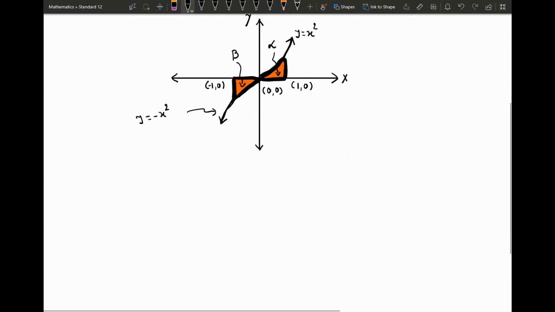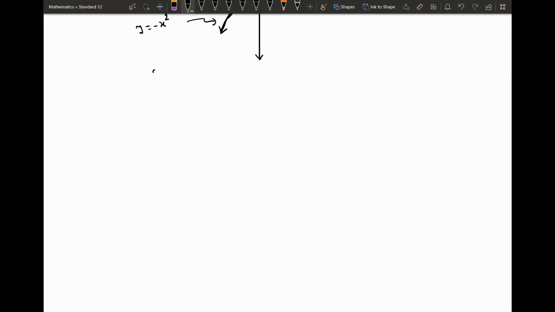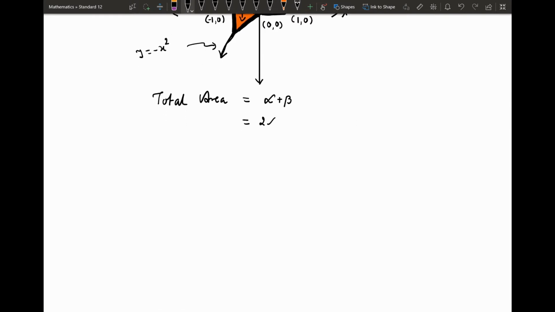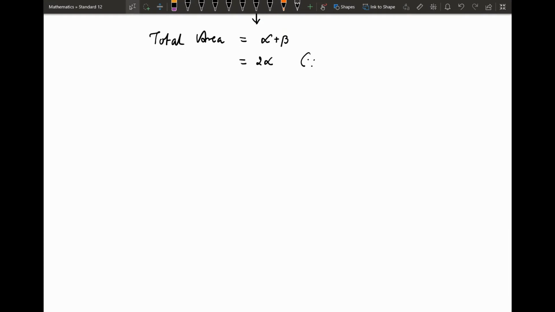So the required total area equals alpha plus beta, and it is 2 times alpha. The reason is the curve is symmetrical in opposite quadrant.